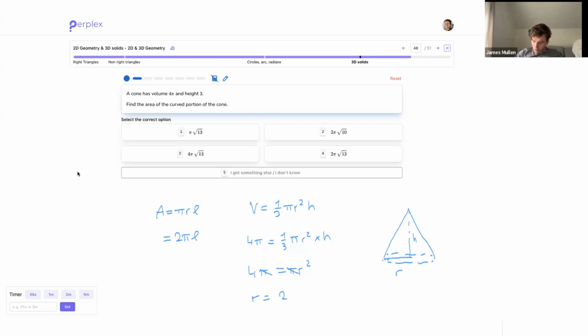So I can write those down. The height is 3. The radius is 2, which means by Pythagoras that L squared is equal to 3 squared plus 2 squared, so L is the square root of 13. And I plug that into here, and I get 2 pi root 13. That's option number 4.